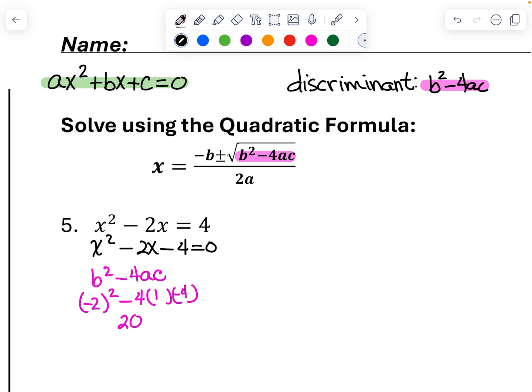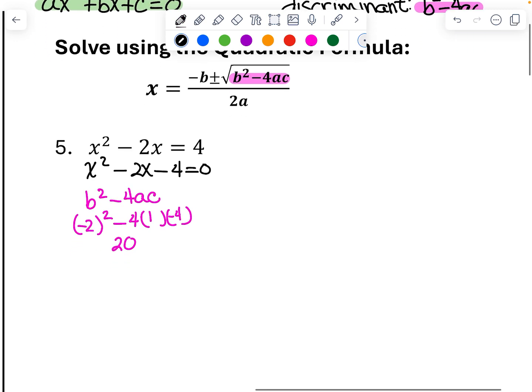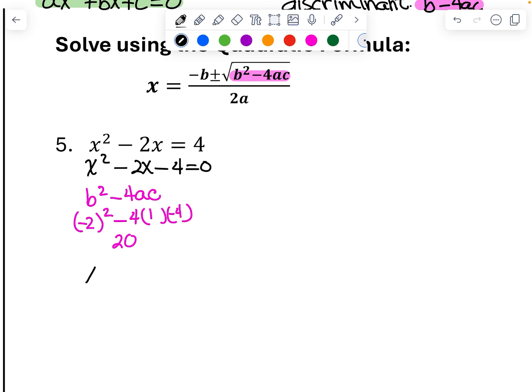Now I'm going to use the formula. So the formula is x equals the opposite of b plus and minus the square root of the discriminant divided by twice a. A is 1, b is -2, and the discriminant is 20.